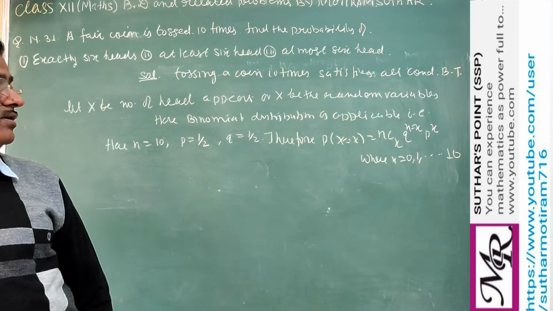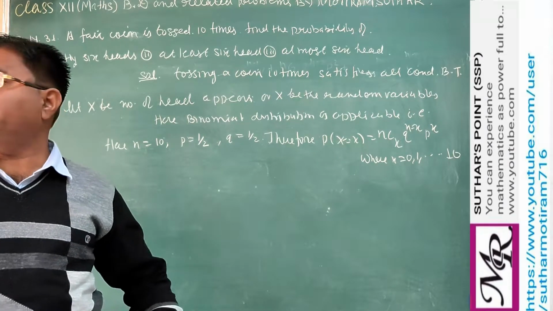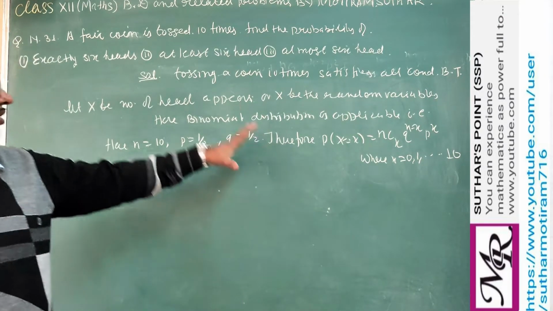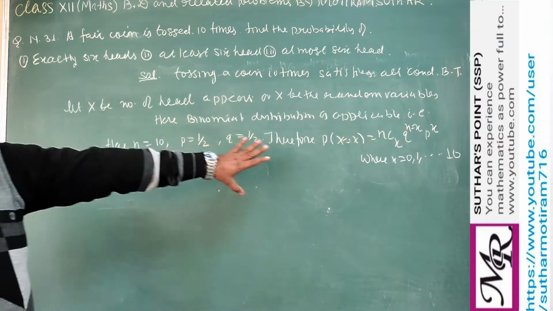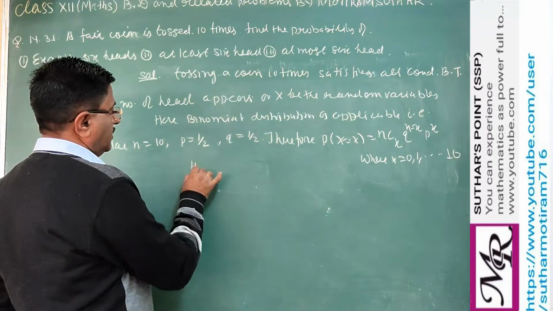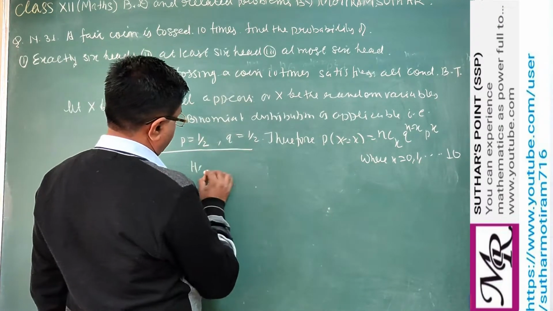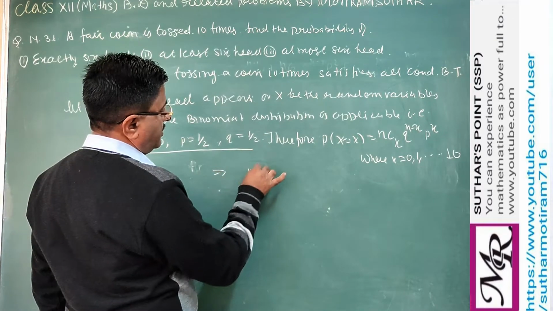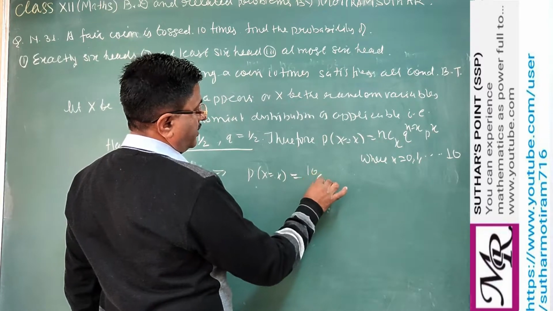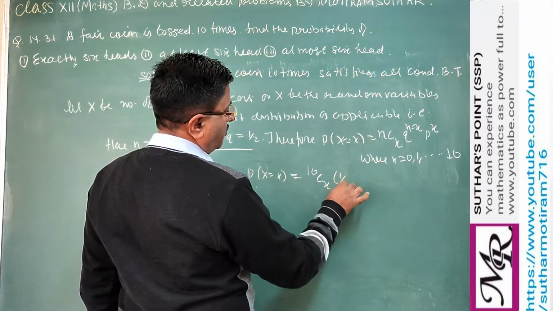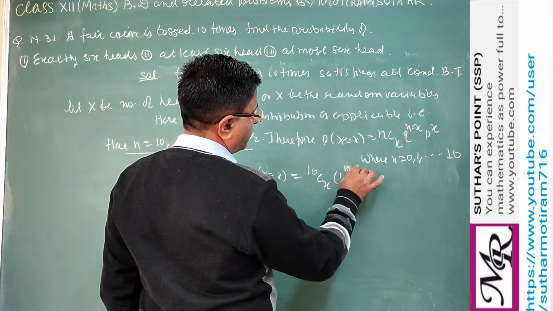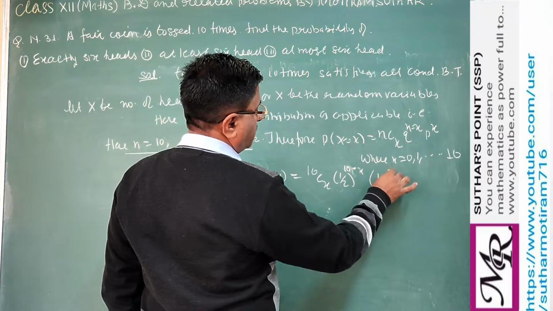So for any problem or for any random experiment, first of all you have to write all these things. All these you have to write. Clear? So now you can put in these values. Therefore P(X = x) equals nCx with n equal to 10, q equal to 1 by 2 throughout the experiment, and p is also 1 by 2.